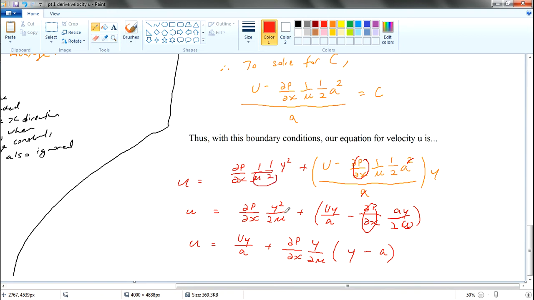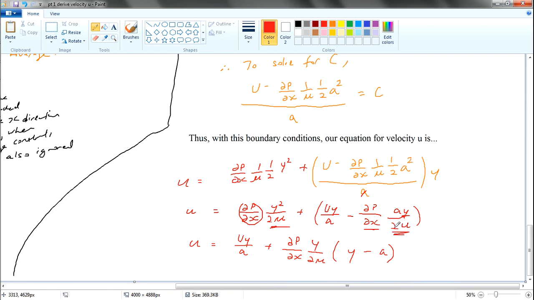So this portion over here is this one, and then y squared is this. I'm just trying to shorten them together. And then what I do next is bring this over here, because as you can see, they have a similarity: del p del x over here, and then they have y, and they have 2 nu.